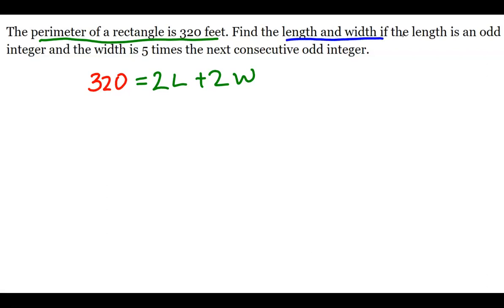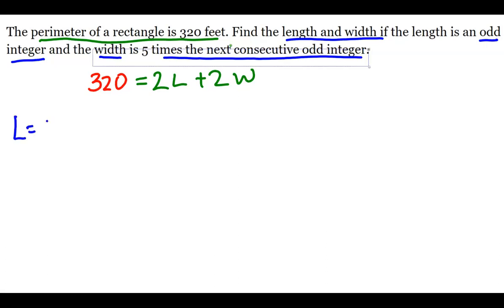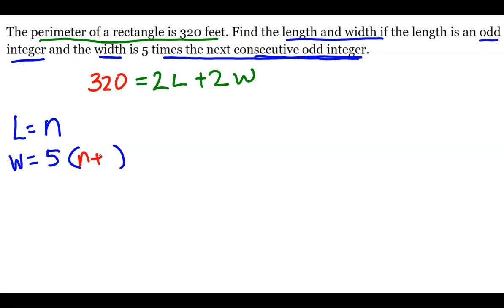The length and the width are odd integers, and the width is 5 times the next consecutive odd integer. So I don't know what the length is, so I'll call that n, but I do know that the width is 5 times, so that looks like this, the next consecutive odd integer, which would be n plus 2.